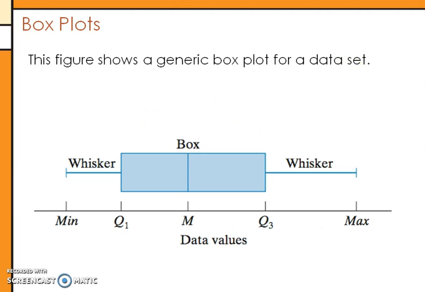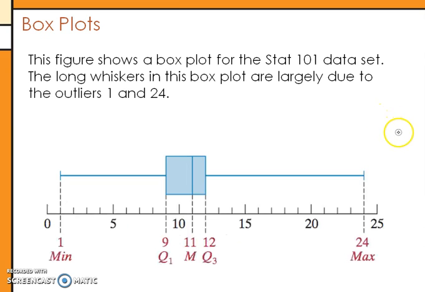Okay, so when you have actual numbers, these don't have to look perfectly symmetrical all the time. So let's say the data that we just did, we had a minimum score of 1, a maximum score of 24. We had Q1 was 9 and Q3 was 12 and the median's 11. So we want to mark that our scores are not evenly distributed.